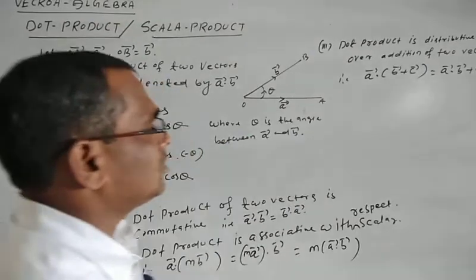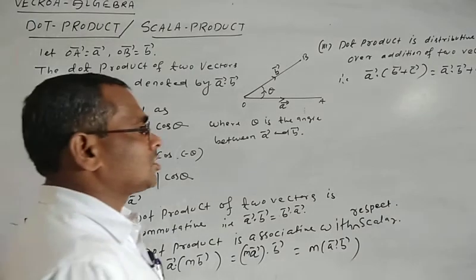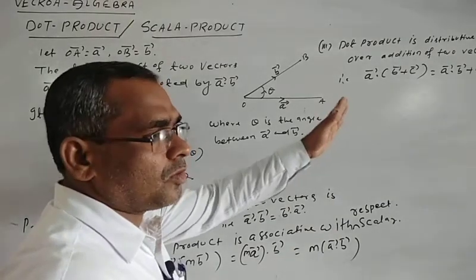The dot product obeys the distributive law over addition of two vectors.